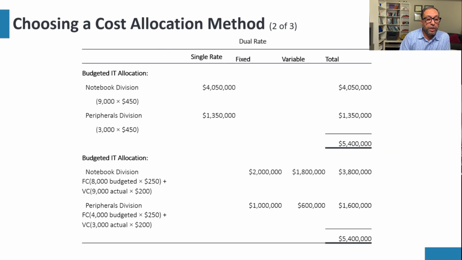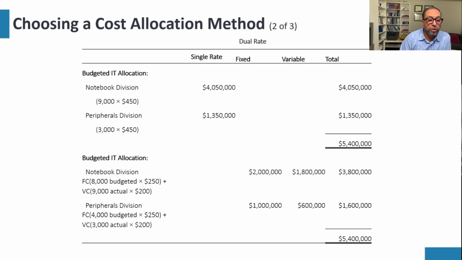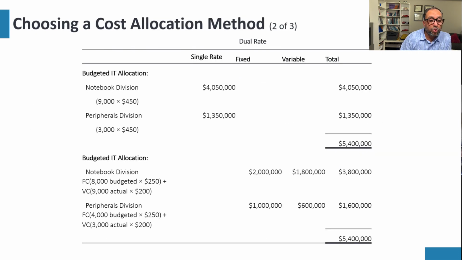Now we see here that the budget IT single rate is 450. So 9,000 is the actual hours used by the notebook division. So 9,000 hours multiplied by 450 is the cost going to be allocated to the notebook division.